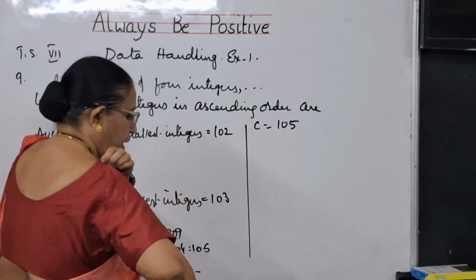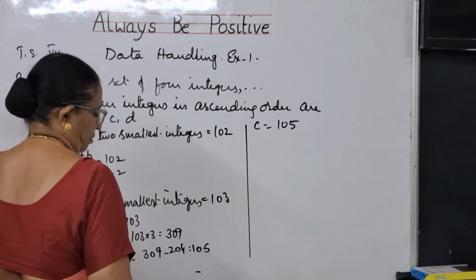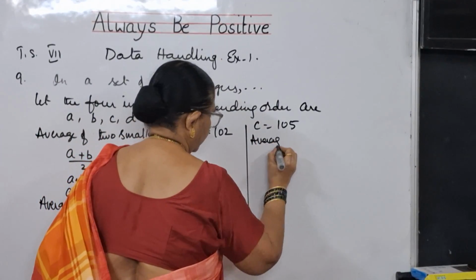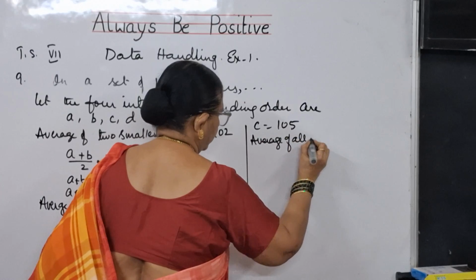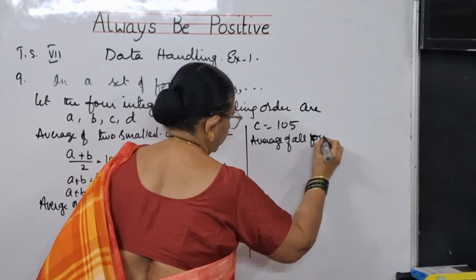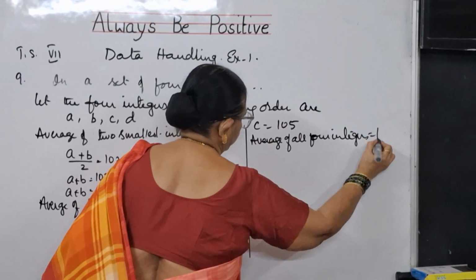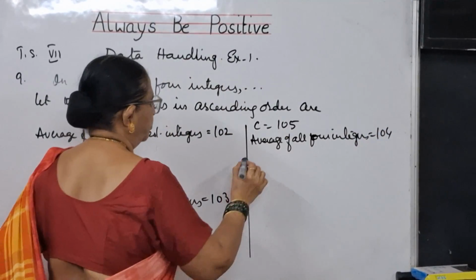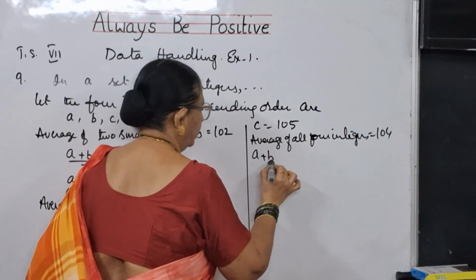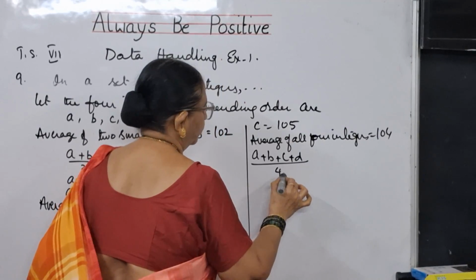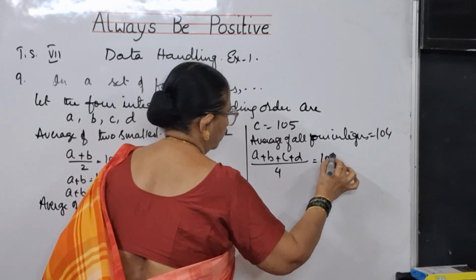Average of all four integers is equal to 104. All four means A plus B plus C plus D by 4 is equal to 104.